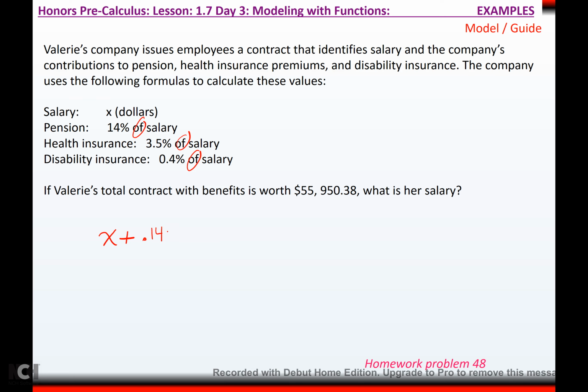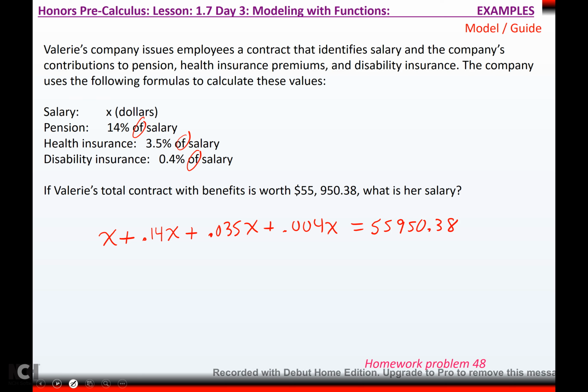That's 14% of the salary, plus her health insurance, that would be 0.035 of the salary, plus her disability insurance would be 0.004, right, of her salary. And altogether, that's worth $55,950.38. All of that adds up. So if I just want to figure out what her salary was to begin with, I need to solve this.